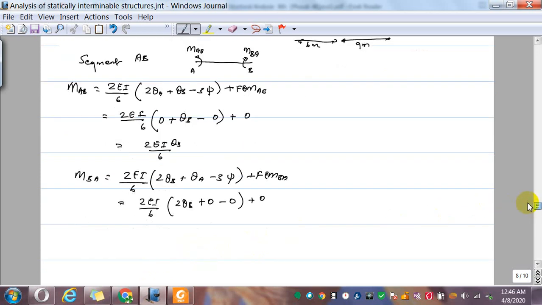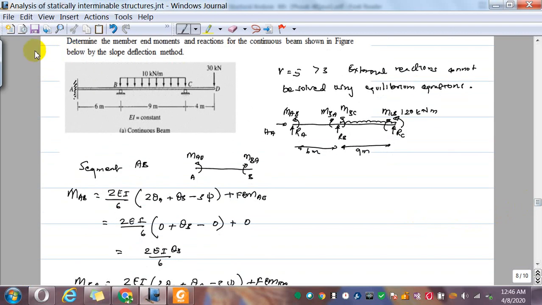So now this becomes 4EI theta B over 6. So these are the moments. Due to rotation you can have some moment at those ends, and there are no external loads, so there will be no other moments.